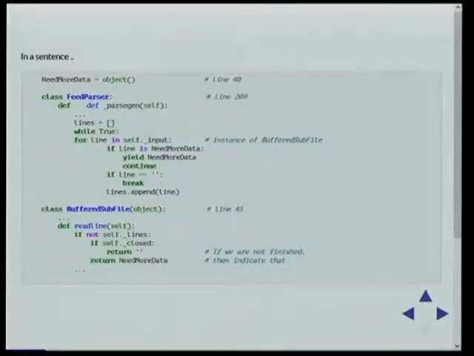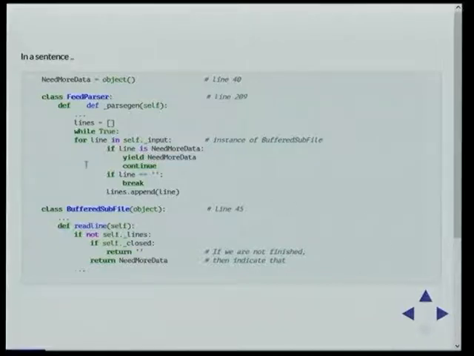Well, if you wanted to compare two things, and they could possibly be singletons, you do get unique objects when you call it. And this is actually used in the standard library in the module email.feedparser. So there we have this NeedMoreData thing, created as a singleton right at the start, at line 40. And it's used later on.